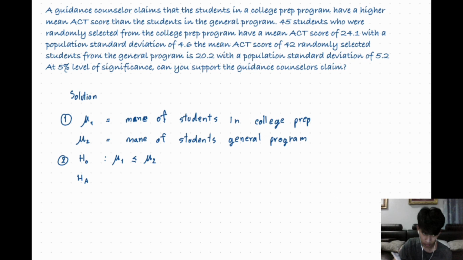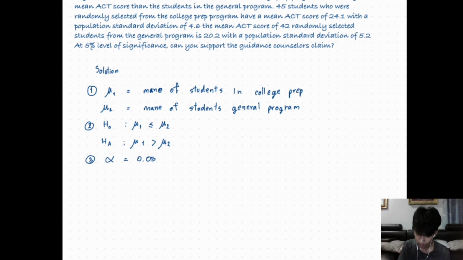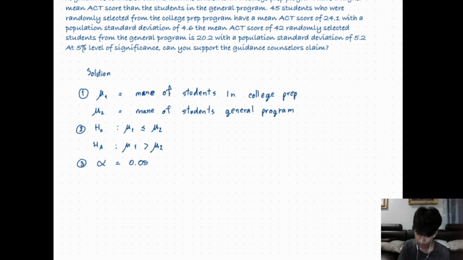Alternative hypothesis: mu1 is greater than mu2. Step 3. Alpha is 0.05.